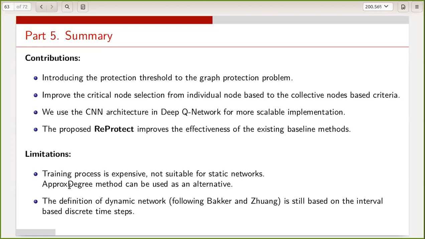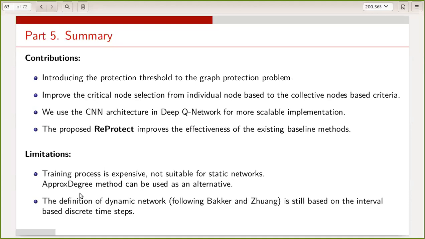Instead of using reinforcement learning, we can just use the MVC estimation based on the degree, without reinforcement learning. This one is a heuristic, so it can be used as an alternative. But this may not be quite good for very large social networks.